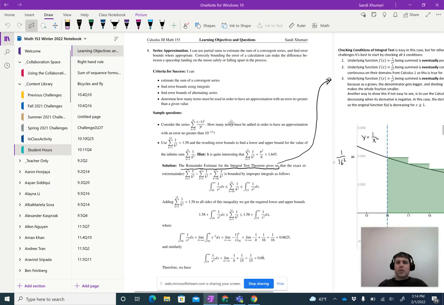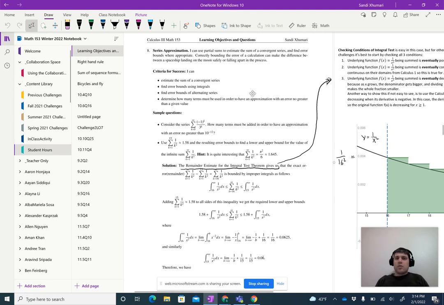Series approximation is one of the most interesting topics when learning about series, because if you are using them to estimate something, then you definitely want to know how close that estimation is to the exact answer.